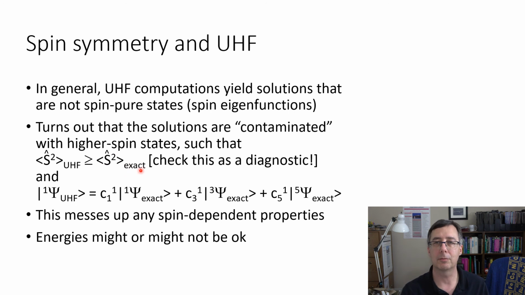It's S times S plus 1, and for a doublet, S is a half, so a half times a half plus 1 is a half times 3 halves, which is 3/4, which is 0.75. And if you get 0.79 or something, you say, yeah, well, it's in the ballpark, it's probably okay. And if you got something way, way bigger than that, then you might be very nervous that something went wrong with the calculation.